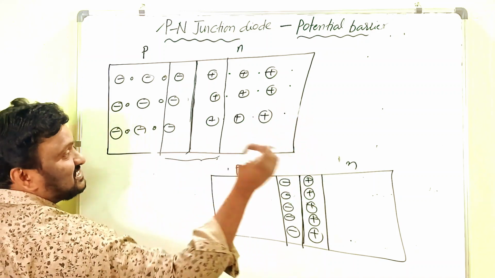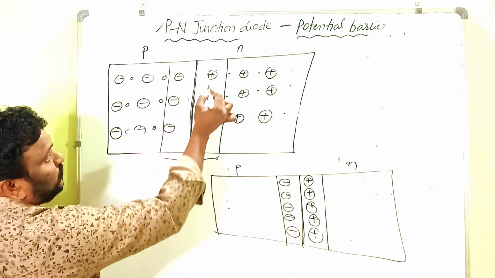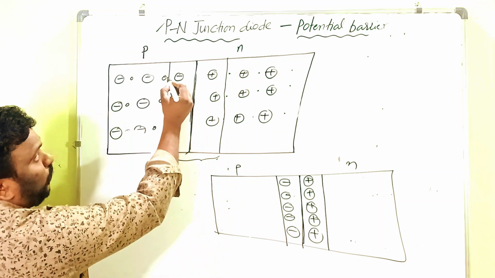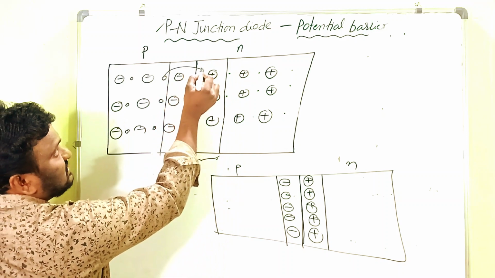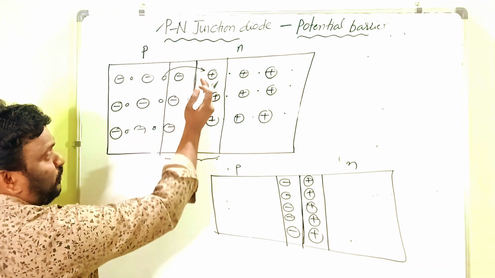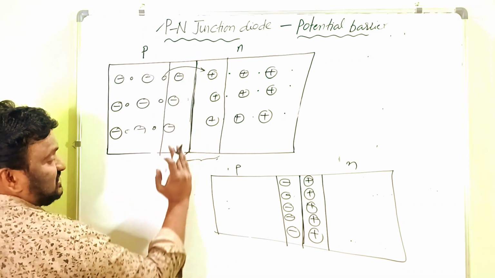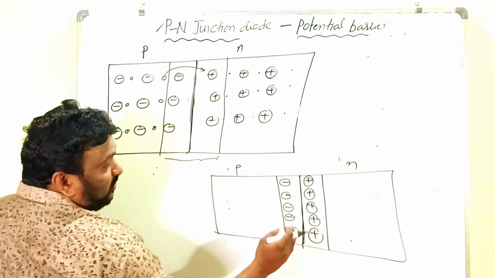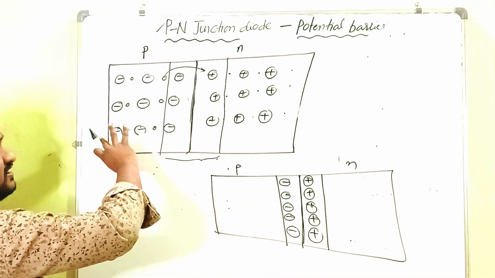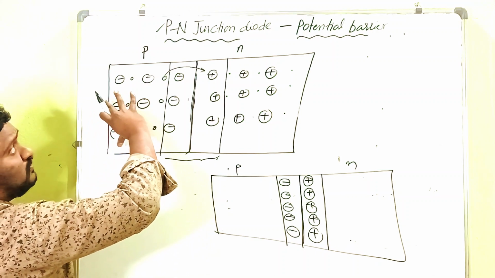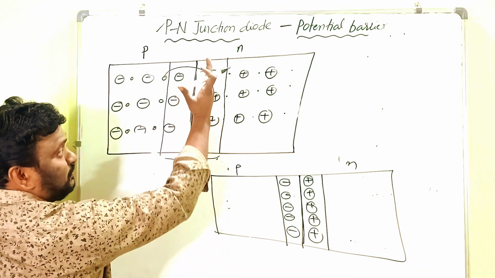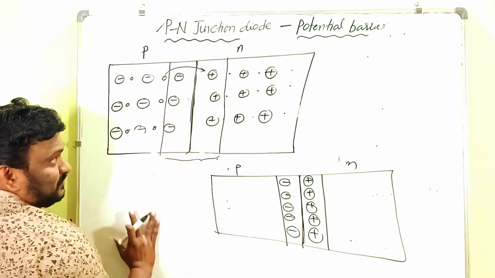Why? Let's discuss. After formation of positive charge near the junction on the n side, if a hole wants to move from the p side to the n side, it is repelled by the positive charge at the junction.